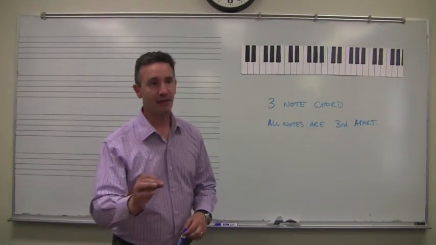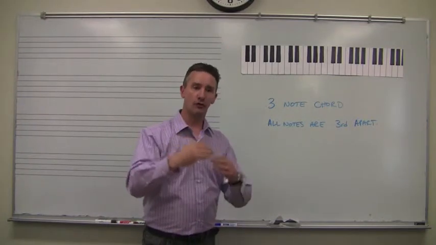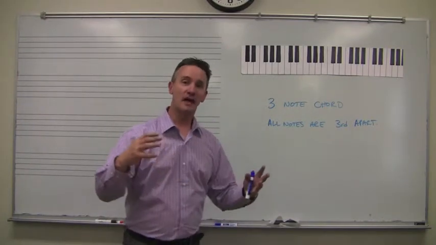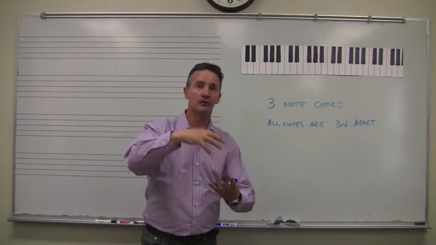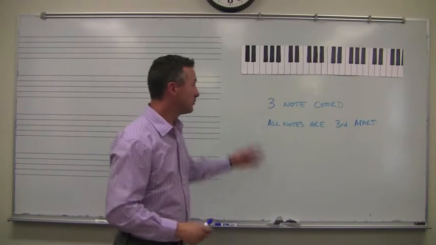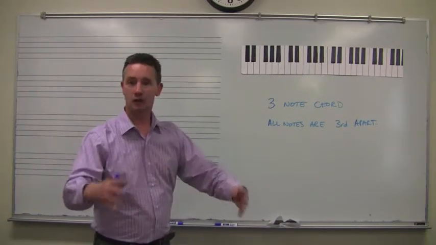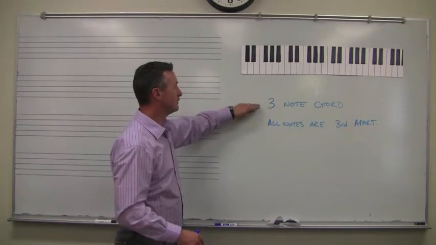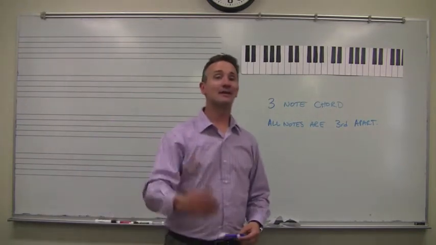Now we will see that they are not always written a third apart, but there is always a way that they could be grouped together so that all the notes are a third apart. So, the two things that we need to bear in mind for a chord to be a triad is that it is a three-note chord and that all the notes are a third apart.